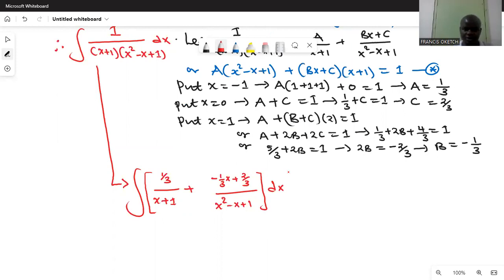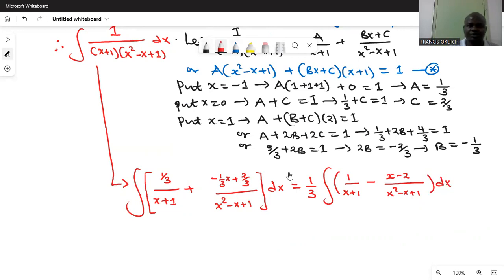You see 1 over 3 is common. Factor out 1 over 3. So 1 over 3 outside, times the integral of 1 over x plus 1. Then I can also factor out, make the coefficient of x to be positive. So I can write this as negative x minus 2 over x squared minus x plus 1, integrate with respect to x.